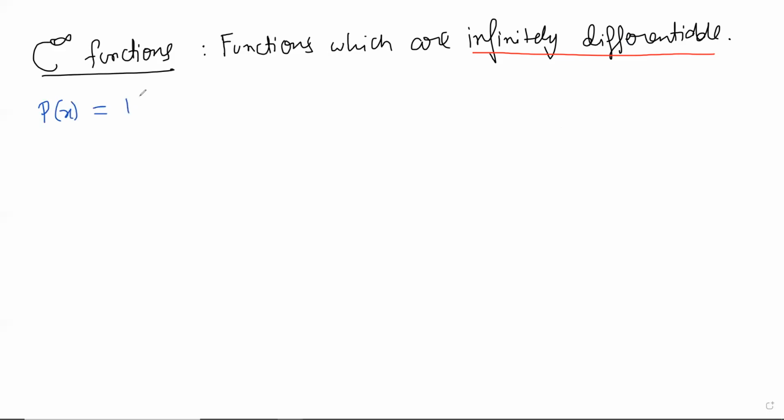You would know this: 1 + 2x + 3x squared and so on, but there will be a small condition here, that x is between 1 and -1. This kind of function is infinite. What does this mean?